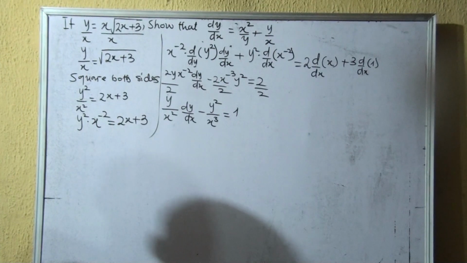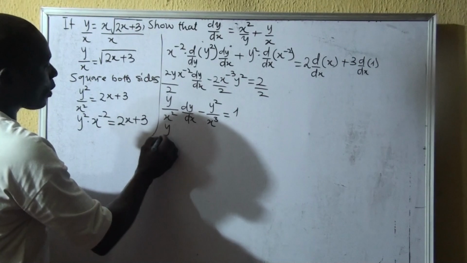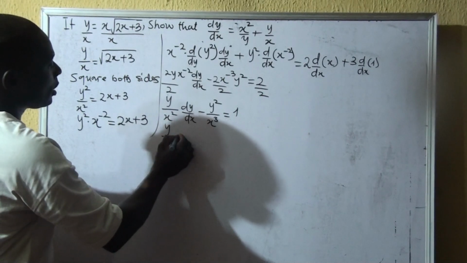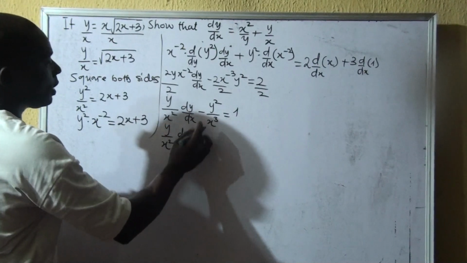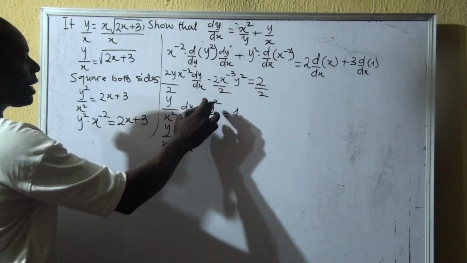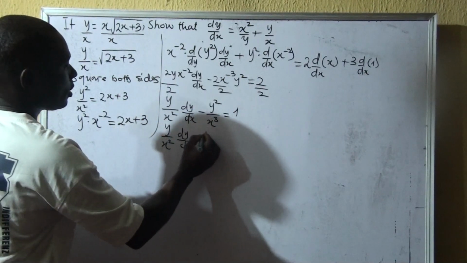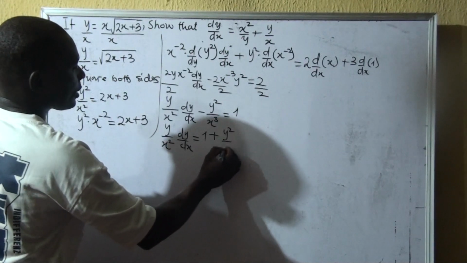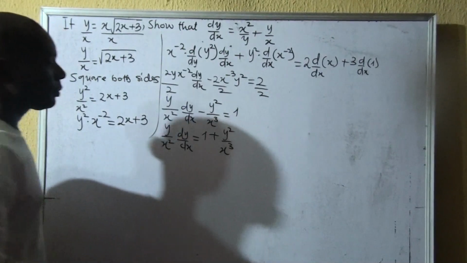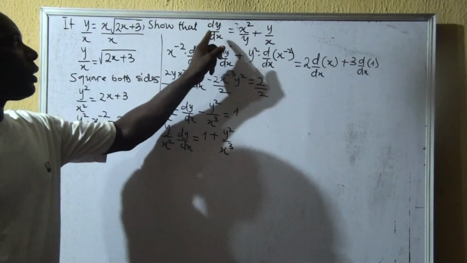Remember, we are looking for dy/dx. All we need to do here is to write this as y over x squared times dy/dx. Now let's quickly move y squared over x raised to power 3 to the right hand side. This becomes 1 plus y squared over x raised to the power 3. So we are looking for dy/dx.